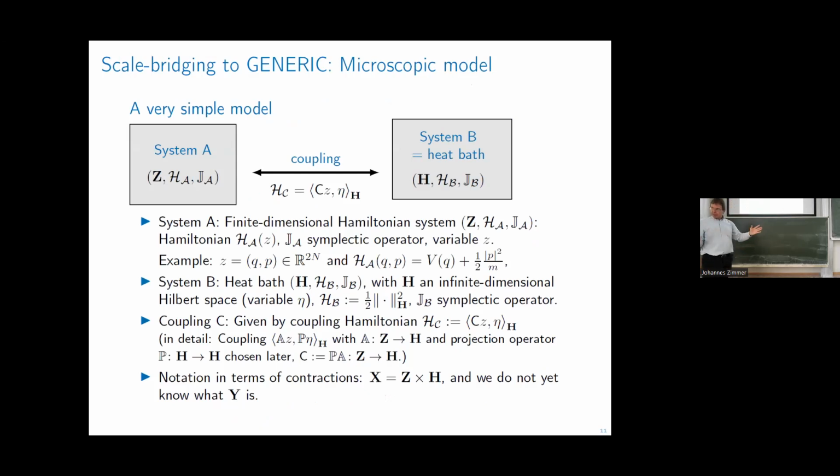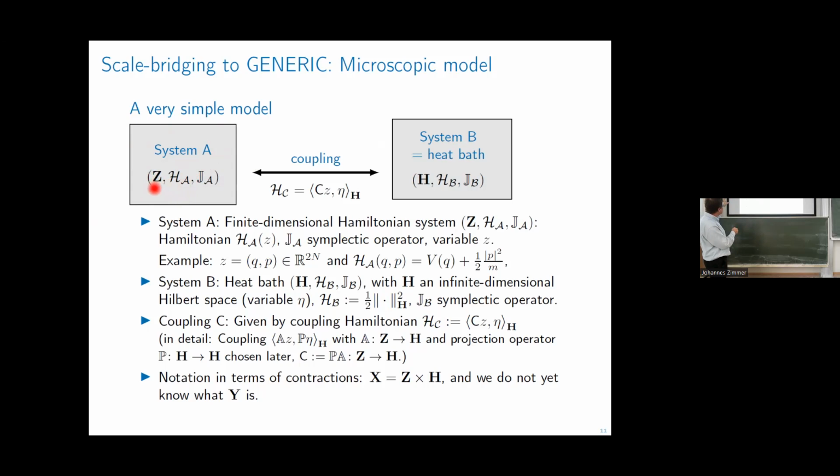So the model is quite simple. We have a finite dimensional model system, called system A. Think of a molecule, a heavy molecule living in a heat bath. The system A is a Hamiltonian model for Newton's equation of motion.